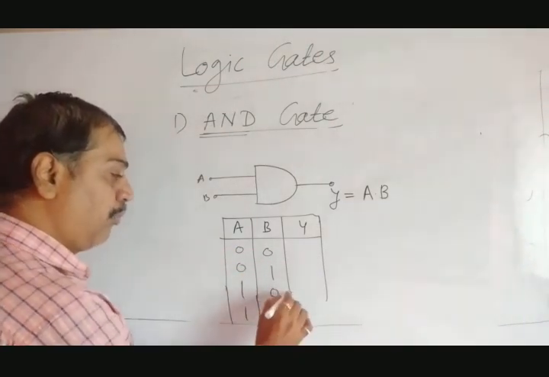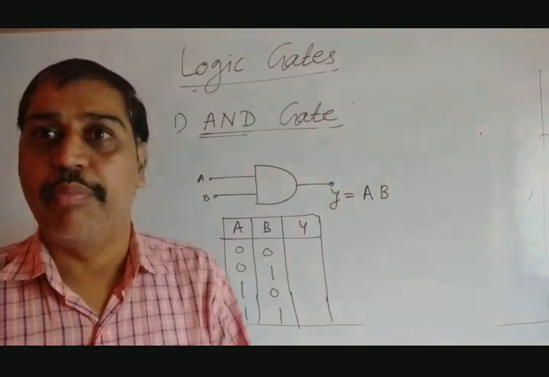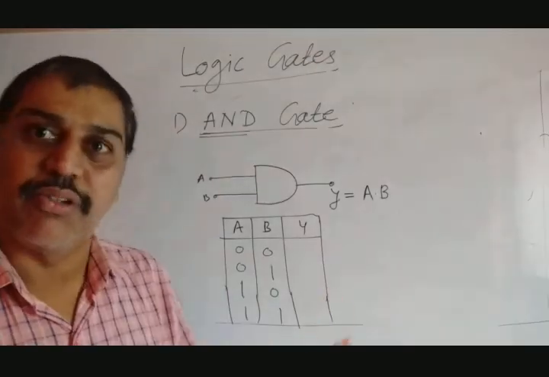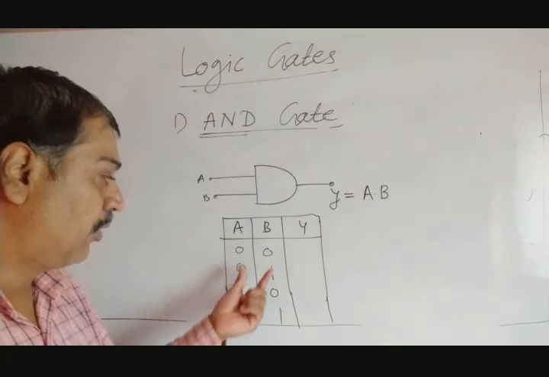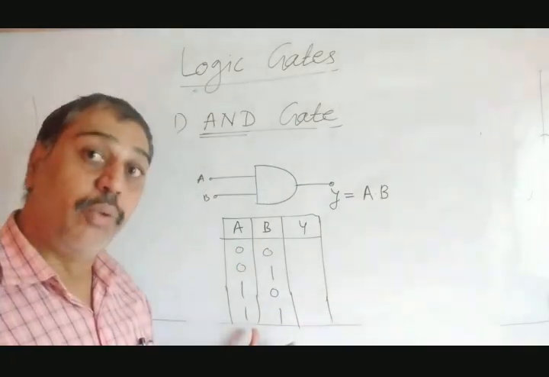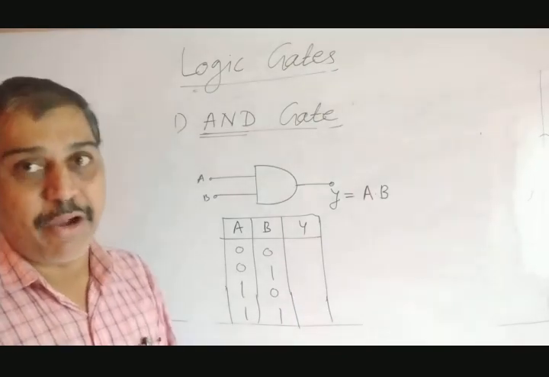These are the four possible combinations. A fifth combination is not possible here, because only four are possible, and that is explained in the truth table. And what is the corresponding output for this? That they have mentioned here.